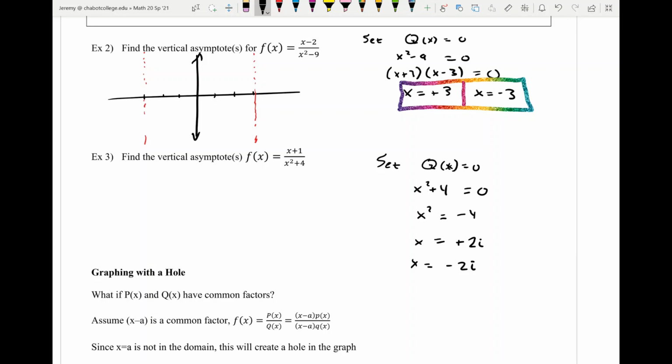So interestingly, for this problem, there are no vertical asymptotes. So I'll put a box around that.